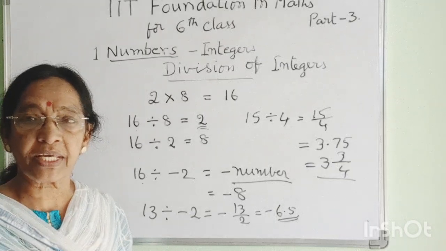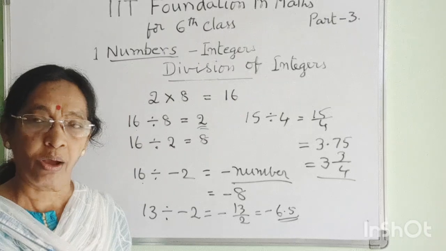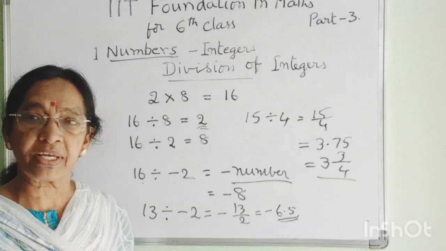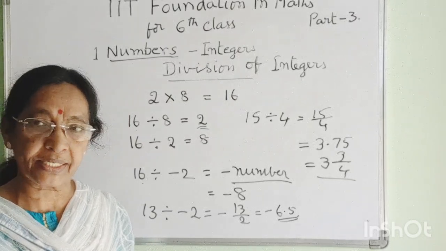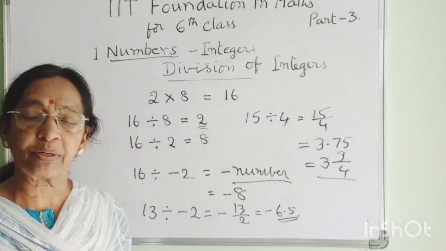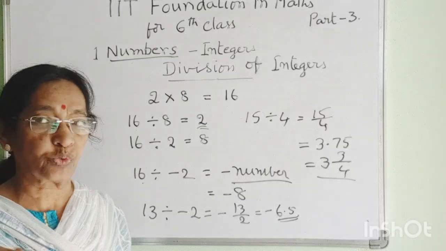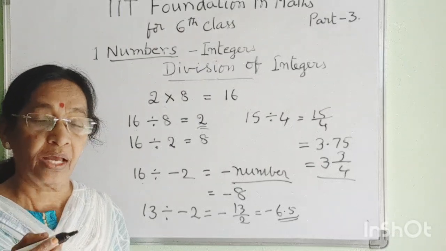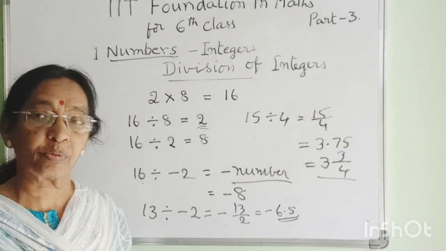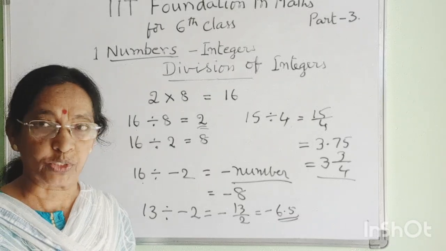When a positive integer is divided by a negative integer, or a negative integer is divided by a positive integer, the resultant is a negative number. When a negative integer is divided by another negative integer, that is, when both the numerator and denominator are negative, the resultant is positive.